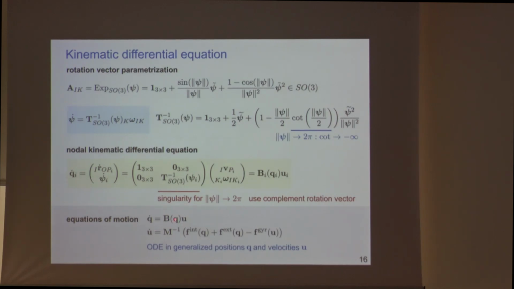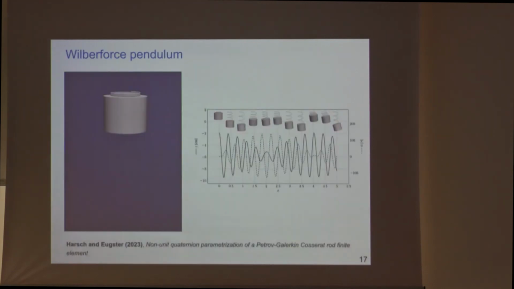What is interesting is that we then end up with an ODE structure in a first order form, where we have the kinematic differential equation on a nodal level, and at the bottom we do have the dynamics, where we have the mass matrix and the internal, external, and gyroscopic forces. And in that form we can use general ODE time integration schemes to go forward.